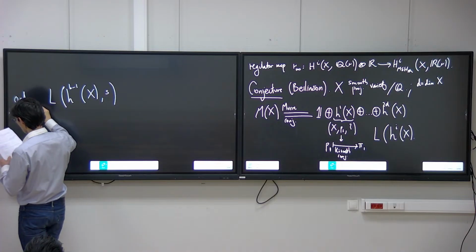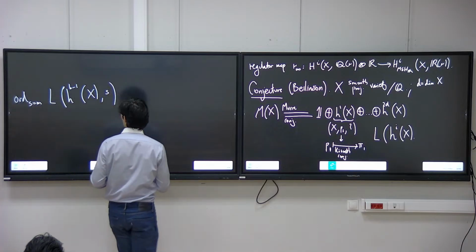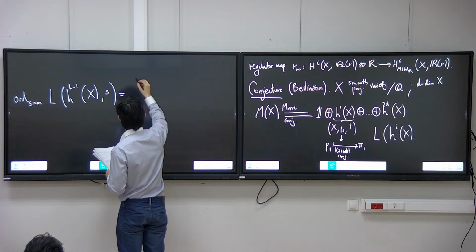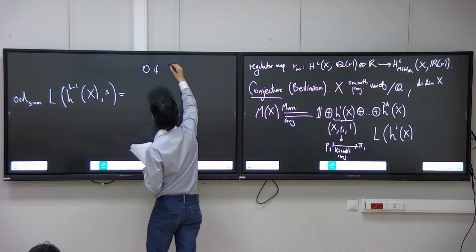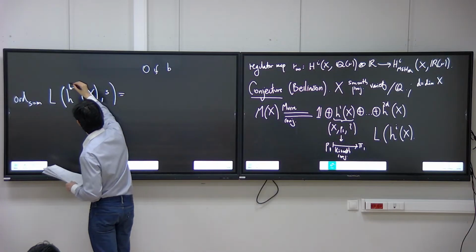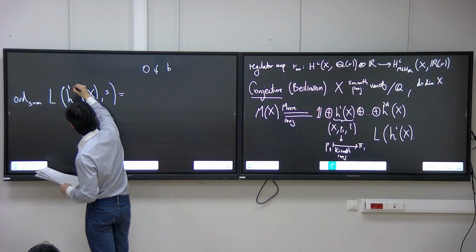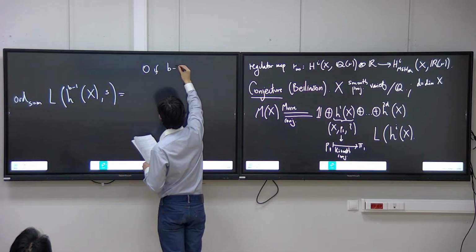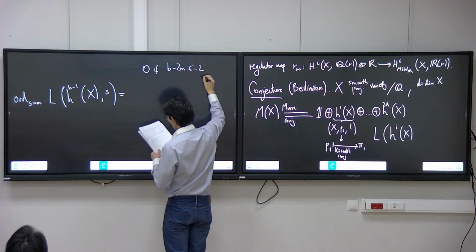then the order of a pole or a zero of this L-function is equal to 0 if b, so here is b, let me write it clearly, b-2m is less than or equal to -2.